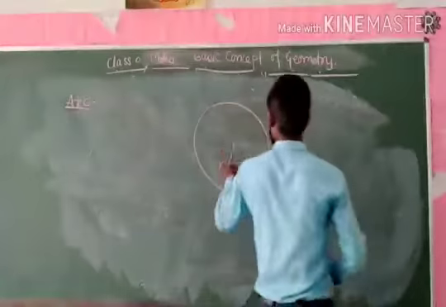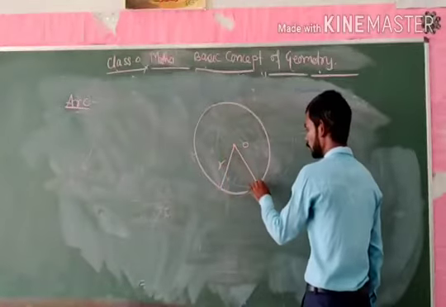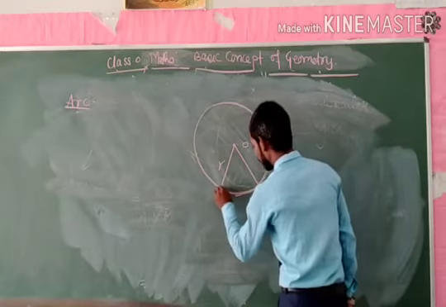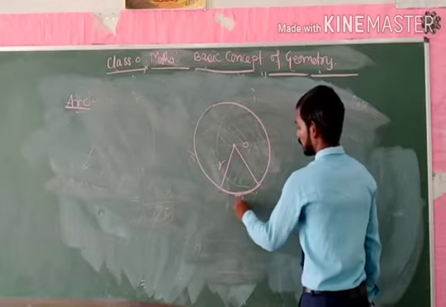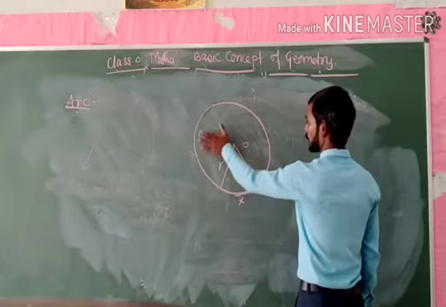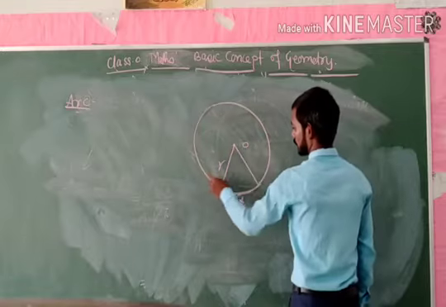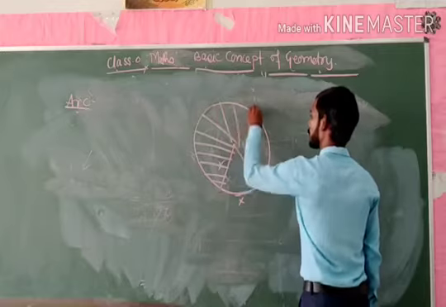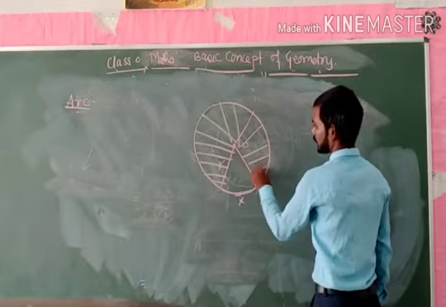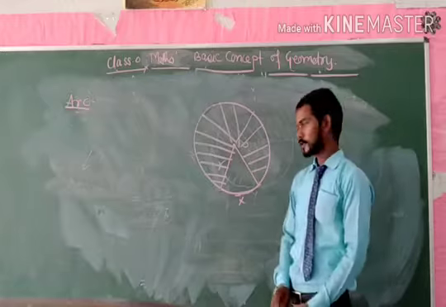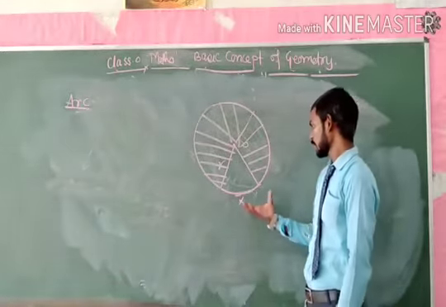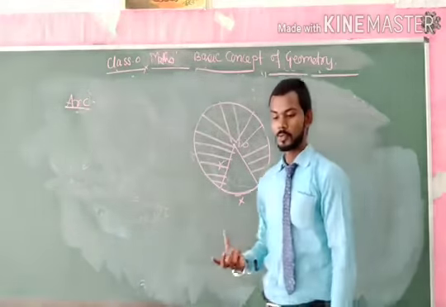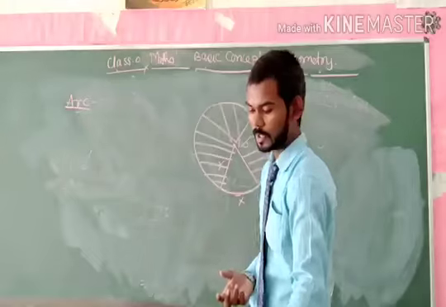Here we can see that if we draw two radii, then we get two parts of the circle. The shaded part represents the first part and the unshaded region represents the other part of the circle. So we say that a part of the circle is known as an arc of the circle.